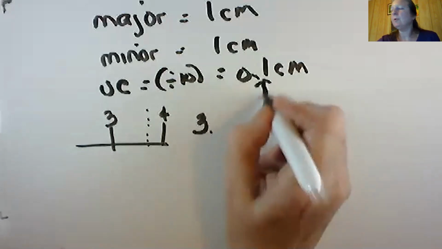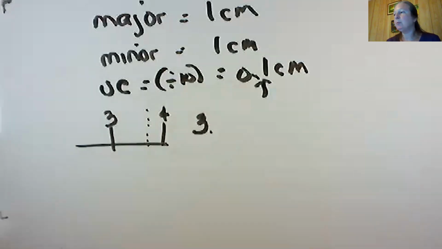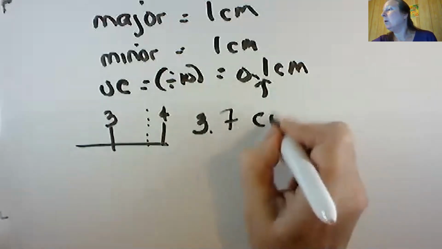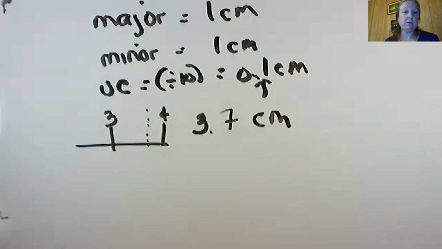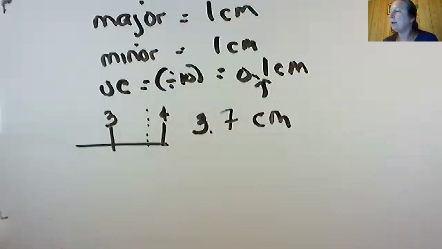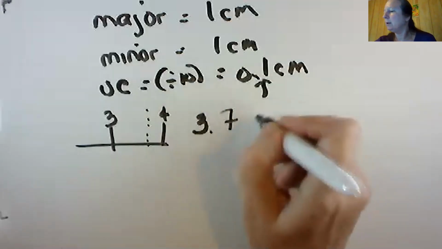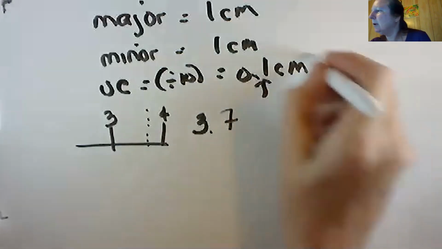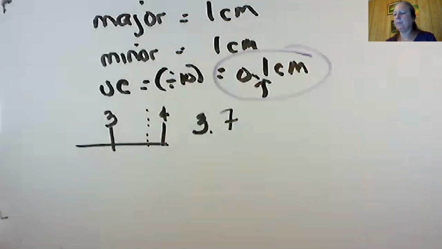My uncertainty is at that decimal place, so my measurement has to be at that decimal place. So it's going to be, I'll say, 3.7. Now, you might say 3.6 or 3.8, and that's the point of this. So I'm going to write it as 3.7 with that.